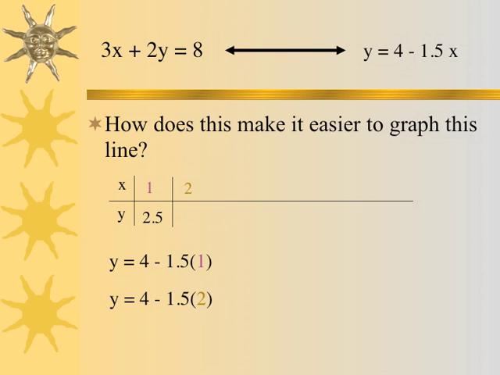We call this process solving for a given variable. In this case, the given variable was y. We solve for y, and now this equation is a little easier to use. So you can see I can quickly just keep dropping in different numbers for x, and the equation spits out what y goes with it.